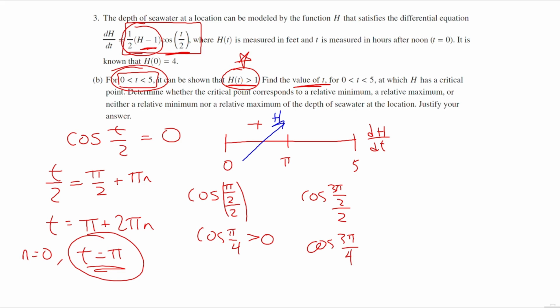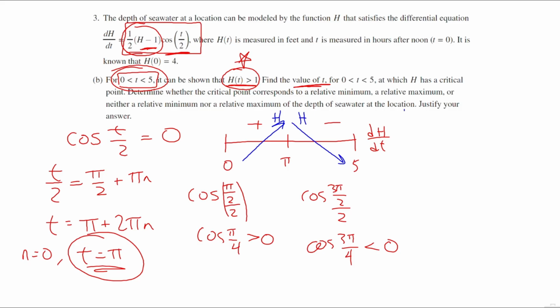Well, 3 pi over 4 is in the second quadrant, right? And in the second quadrant, cosine is always negative. Therefore, we know that our derivative is negative on this interval, which means that H is decreasing. And so that tells us that we have a relative maximum at this critical value of t equals pi.